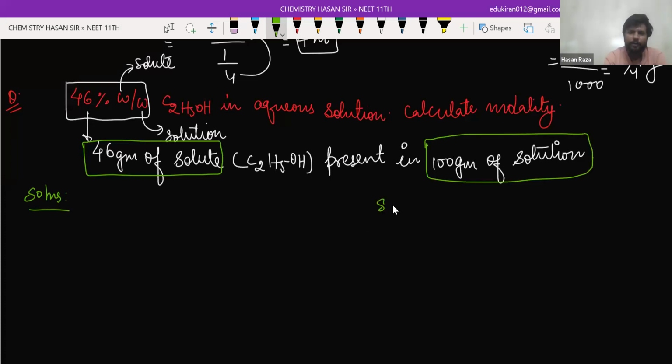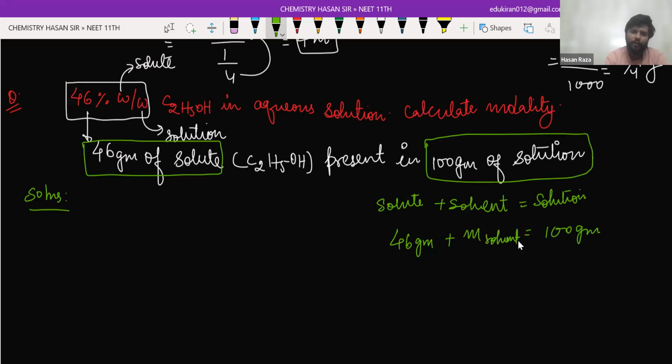You know that solute plus solvent is equal to solution. So mass of solution is 100 gram, and mass of solute is what, 46 gram. So here the mass of solvent will be equal to 100 minus 46, that is 54 gram.